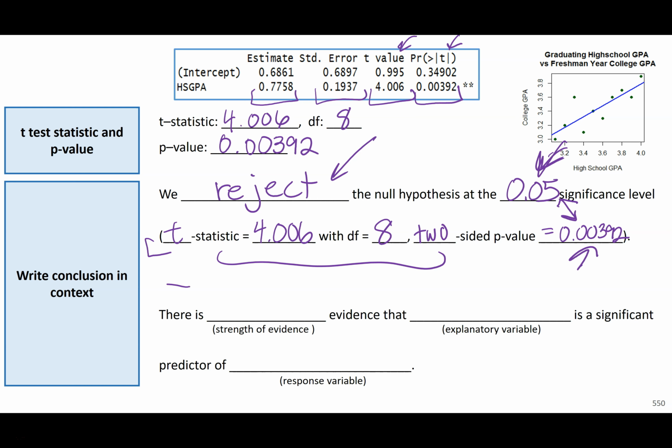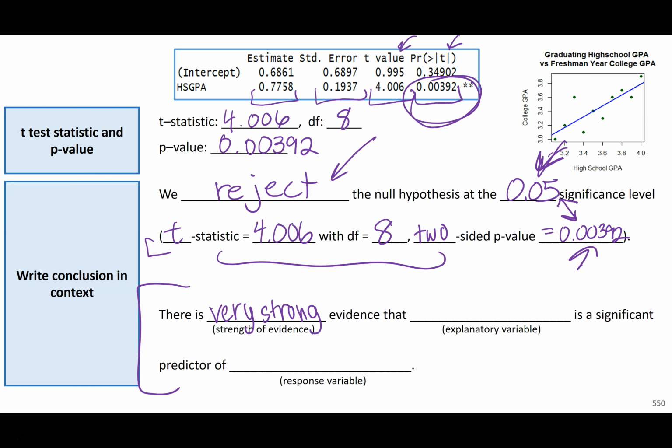Then, if I want to describe the strength of evidence in context of the alternative, I would say, looking at this p-value, it's pretty small, so very strong evidence. You could also say convincing, that would be fine.